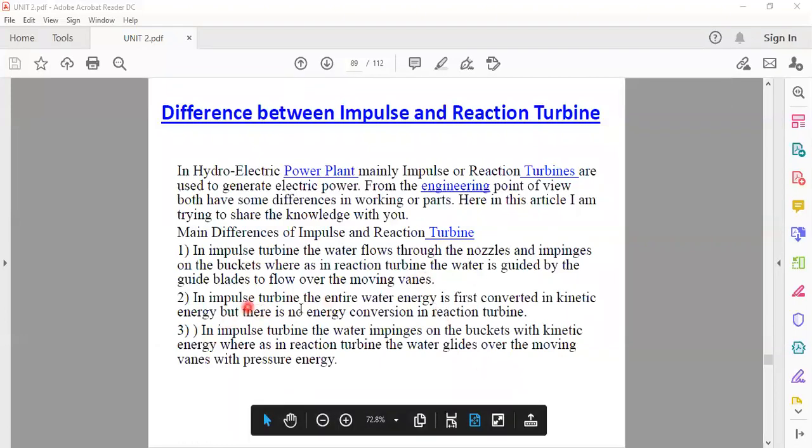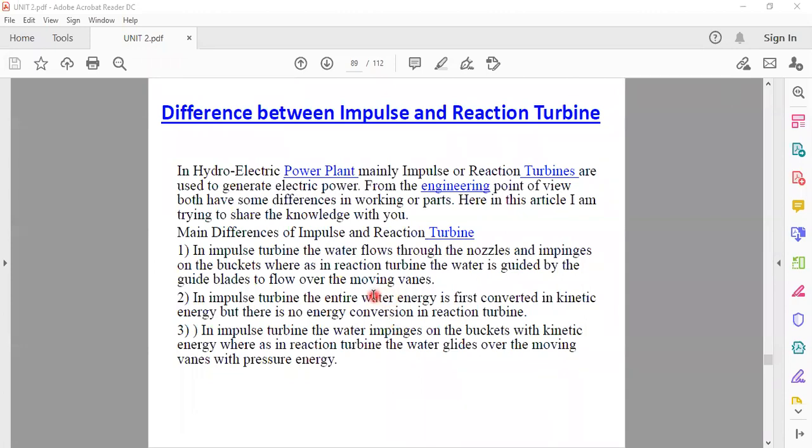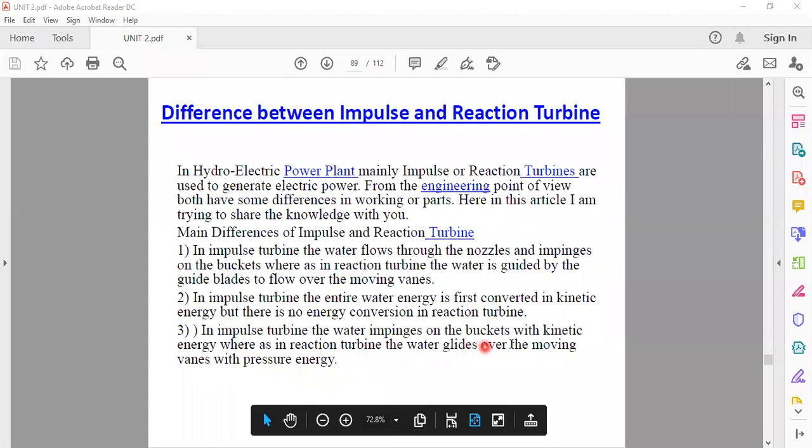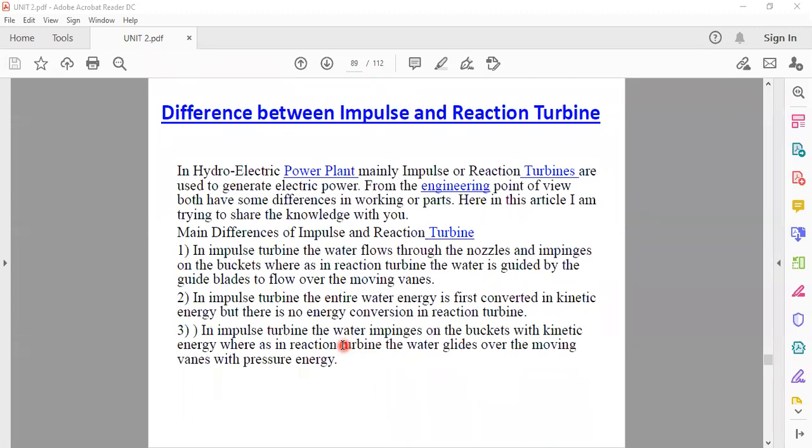Means simply, in an impulse turbine our pressure energy is converted into kinetic energy, and in a reaction turbine, both energies are present. In an impulse turbine, buckets are peaks, and in a reaction turbine, buckets are vanes, means the direction is varied.